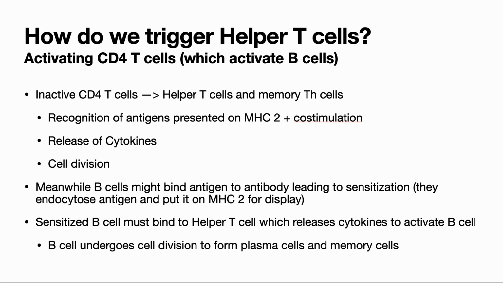So now the B cell is stuck to it, and it has a piece of that antigen, and that antigen attached to its antibody sensitizes the B cell. And it turns out that's really important because that sensitization has to happen before a helper T cell can activate the B cell to become a plasma cell.